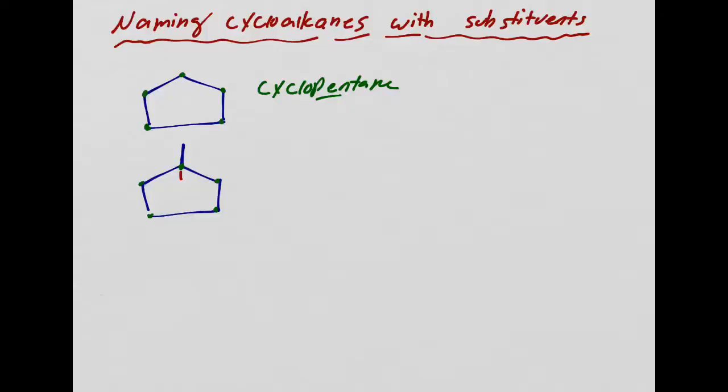And after that, it doesn't matter which way I go. 1, 2, 3, 4, 5, or you can go the other way. It will be the same thing. So what do I have on carbon 1? This is my substituent. I have a methyl. So on carbon 1, I have a methyl, 1-methylcyclopentane.